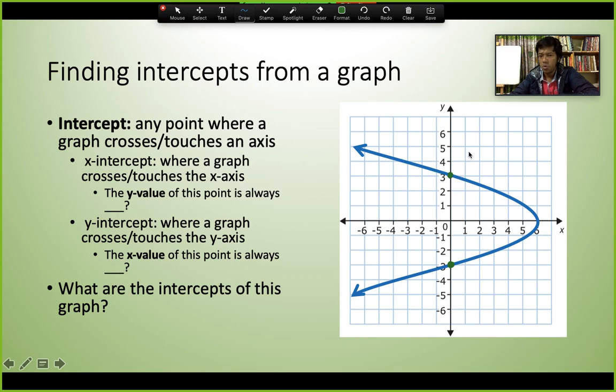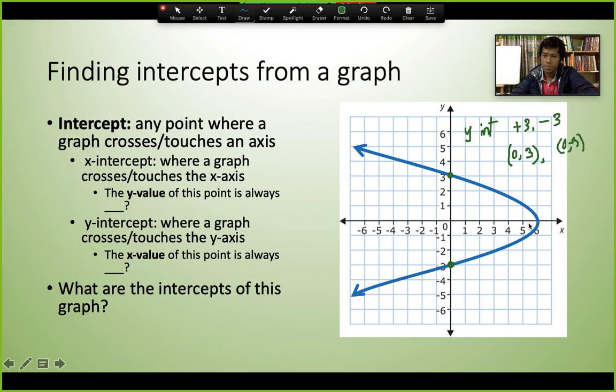So the y-intercepts are at +3 and -3, that is two y-intercepts. Or you can say the y-intercepts are (0, 3) and (0, -3).